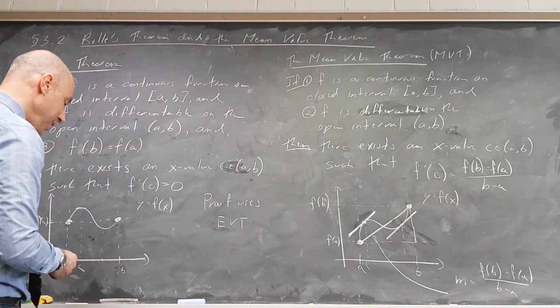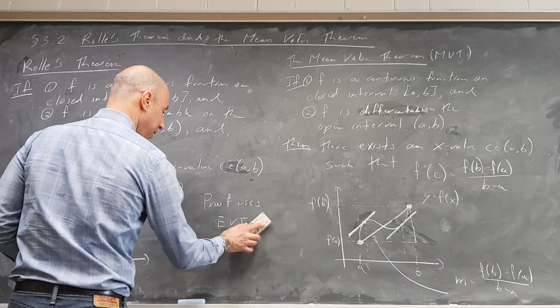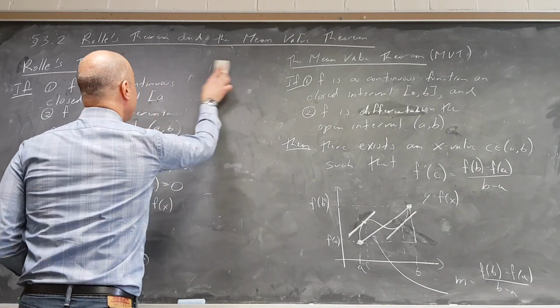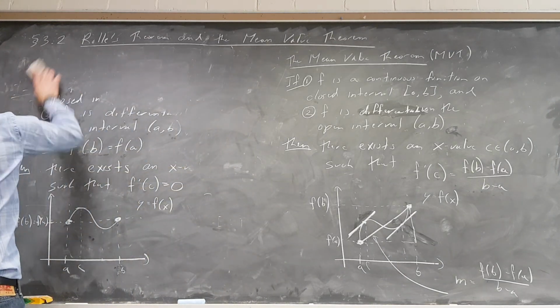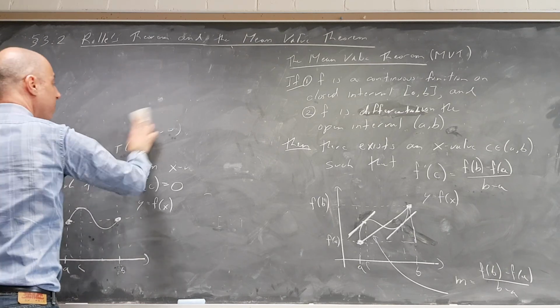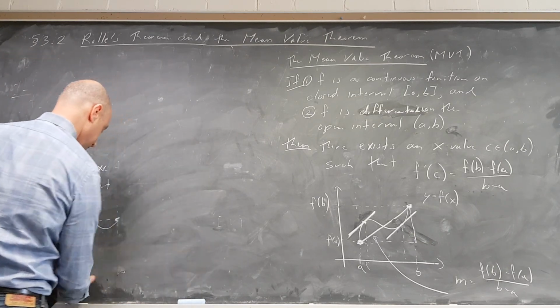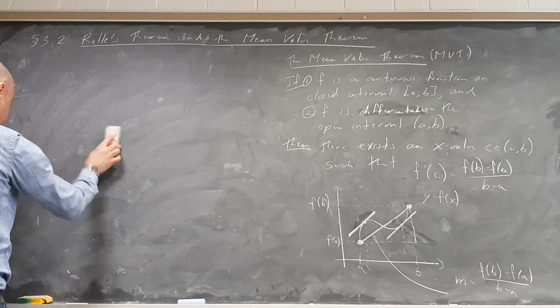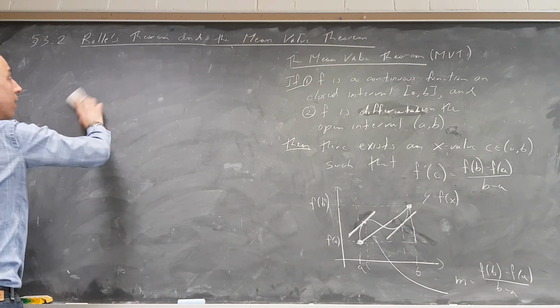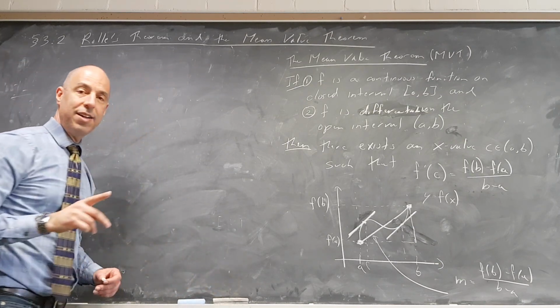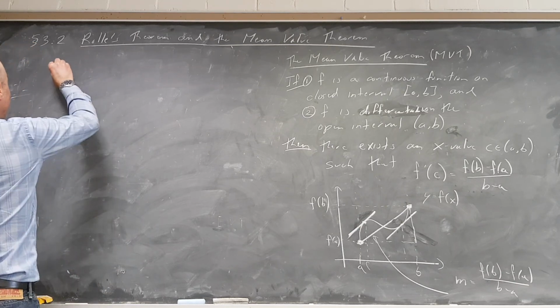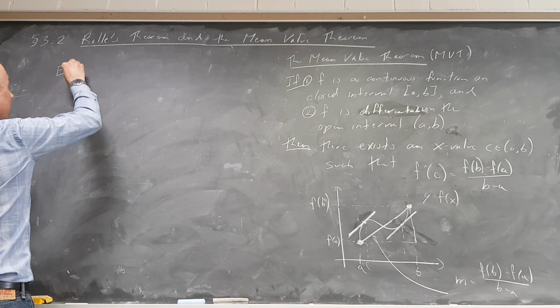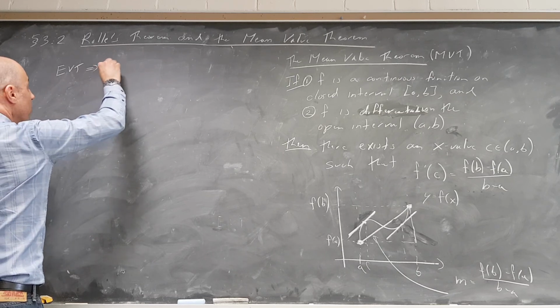And let me talk to you about two things. I'm going to get rid of Rolle's theorem. I said that we used the extreme value theorem to prove Rolle's theorem.